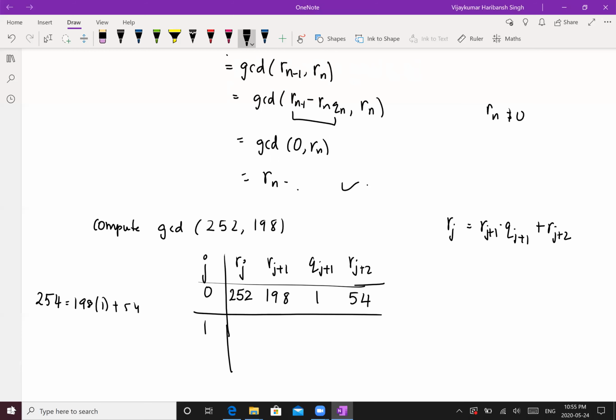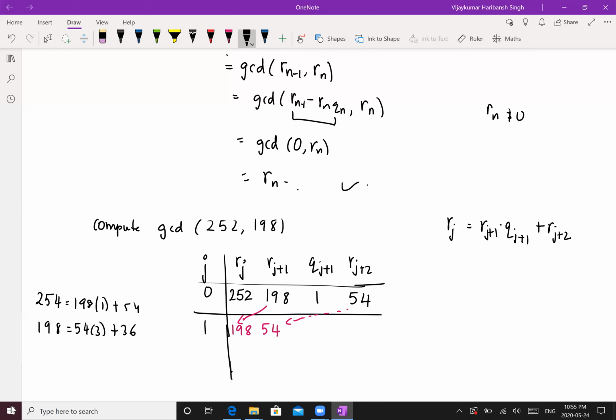Now for the next step, 198 will come here and this becomes your new pair, with 54. When you divide, 198 equals 54 times 3 plus 36.